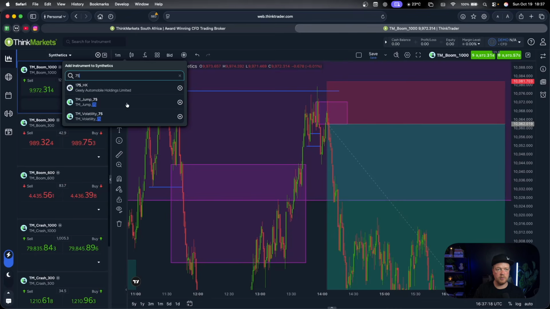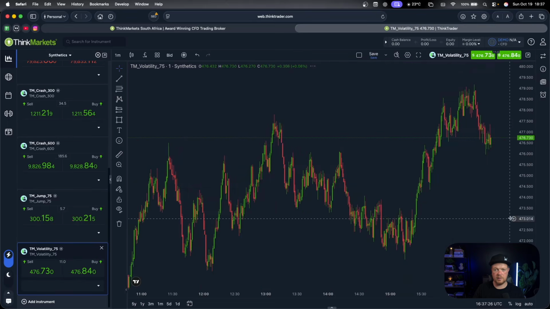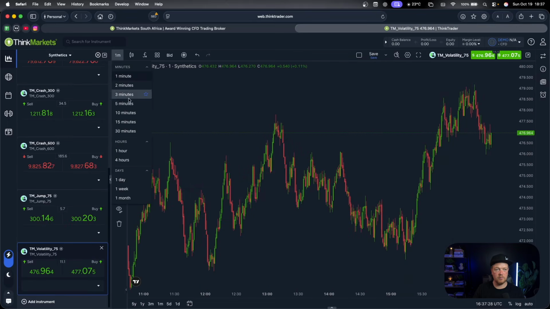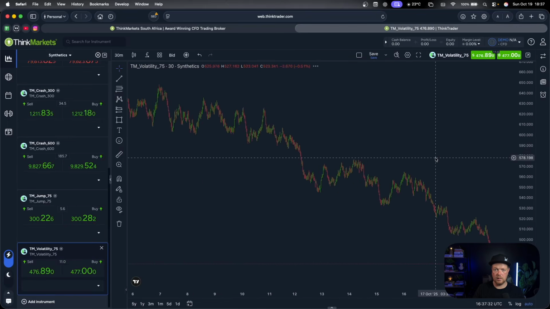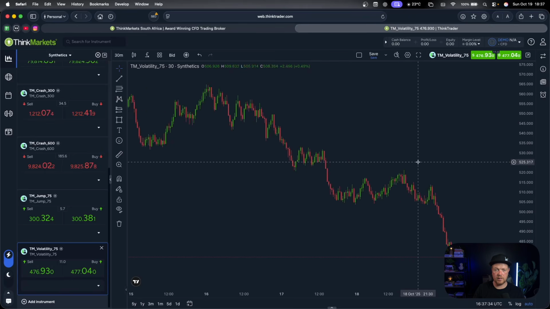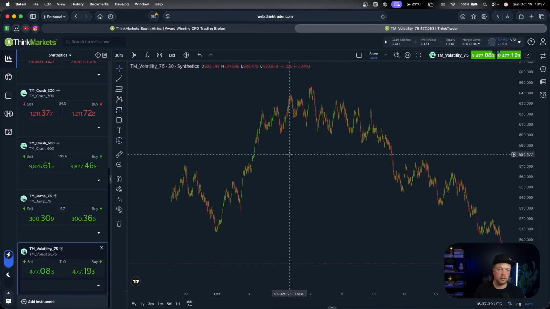There we go. ThinkMarkets volatility right over there. So there's another 2 synthetic pairs. So let's look at volatility 75. Let's go quickly to the 30-minute. Beautiful. So you can trade it on weekends. As you can see, really clean price action.